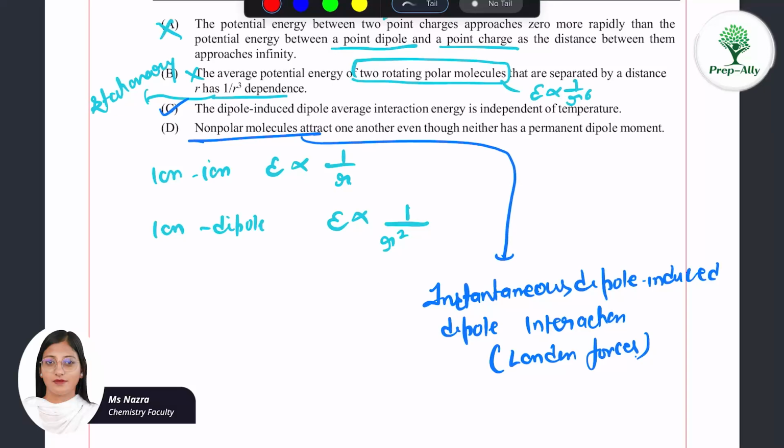So this one is also correct, because despite not having a permanent dipole, they still attract each other. The reason is that instantaneously they will create a little bit of dipole over there that will attract each other. So this statement is correct.